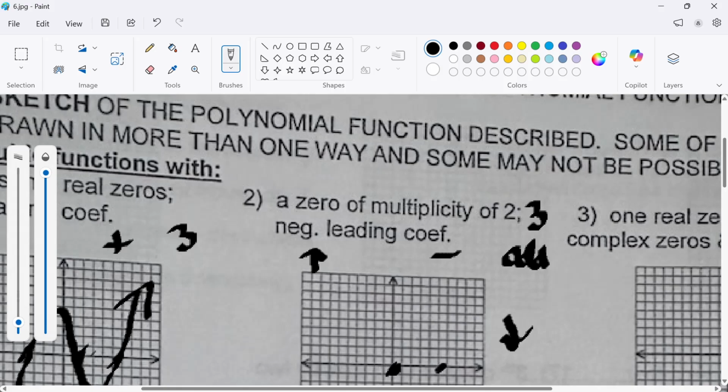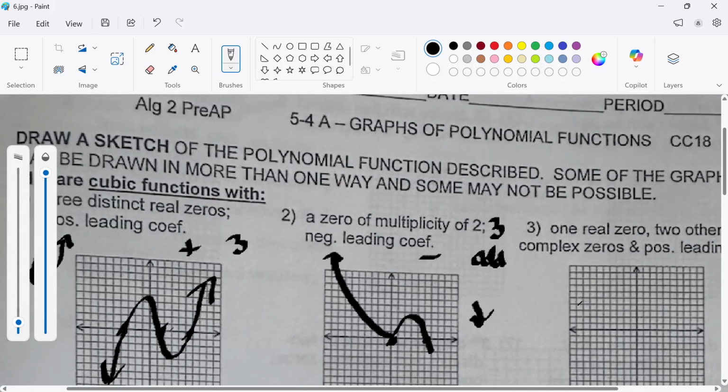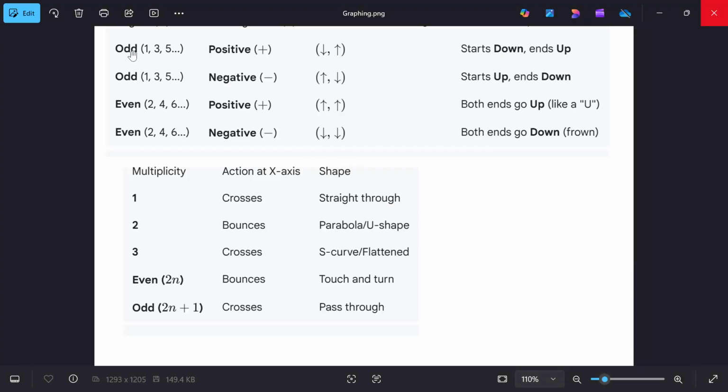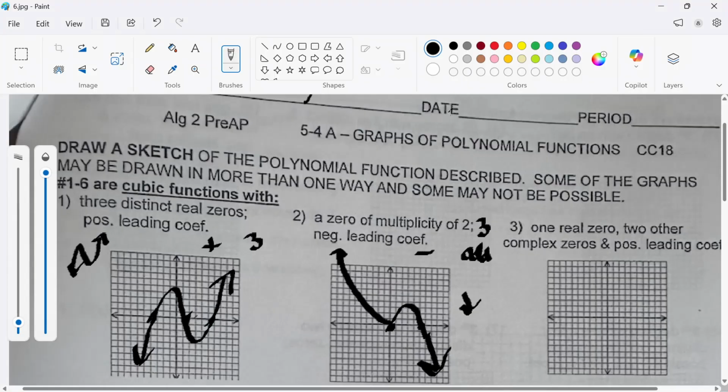When it hits that 0, it's going to bounce, and then go through like that and go down. Negative, odd, starts from up, ends up down.